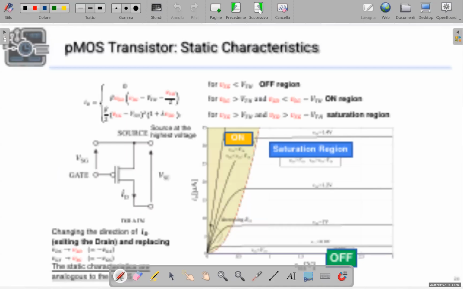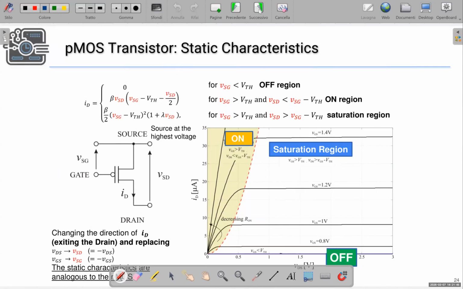Okay, now let's repeat the analysis for the PMOS transistor.